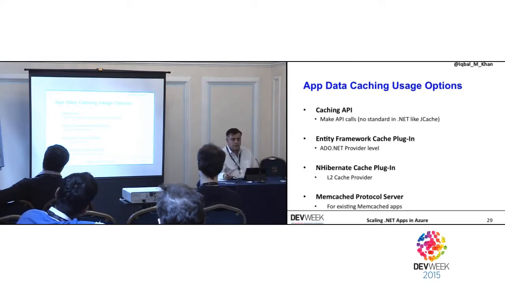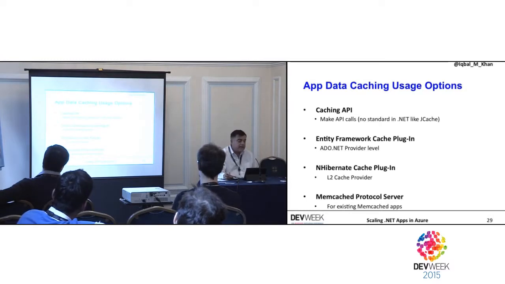If you have an Entity Framework application, unfortunately, currently Entity Framework does not provide an entity level cache plugin like Hibernate does. And Hibernate, as you probably know, is an open source equivalent of Entity Framework.